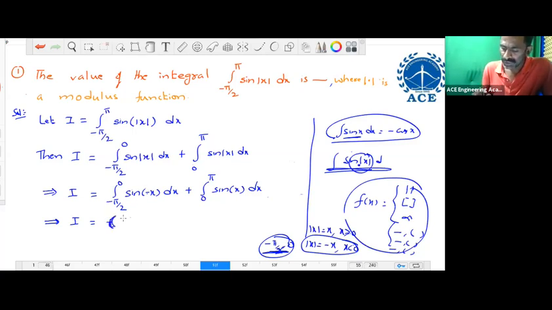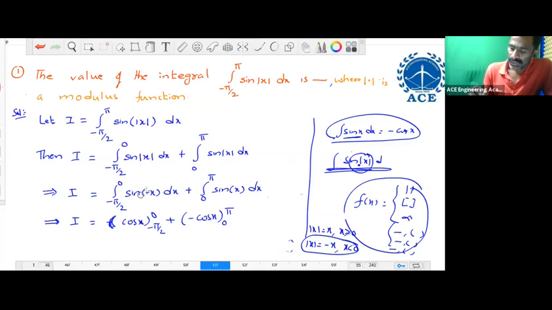So the integral of this is cos x from minus pi by 2 to 0, plus the integral of sine, which is minus cos x, from 0 to pi. From sine of minus x we get one minus, and from the integral of sine we get one more minus. Minus minus becomes plus.